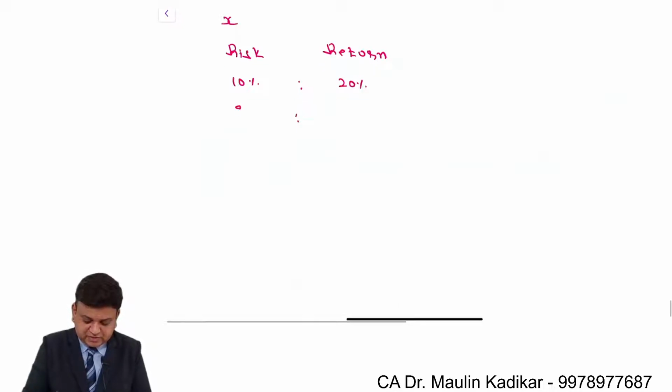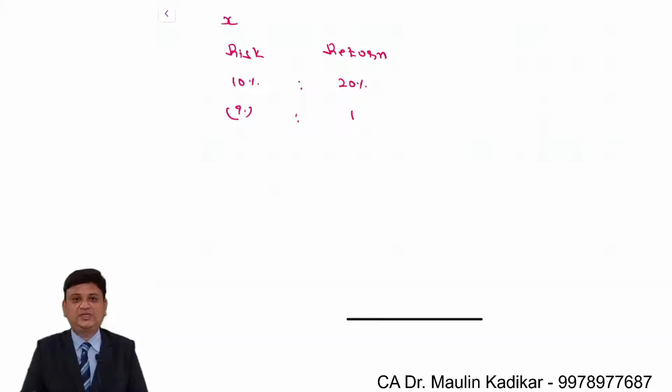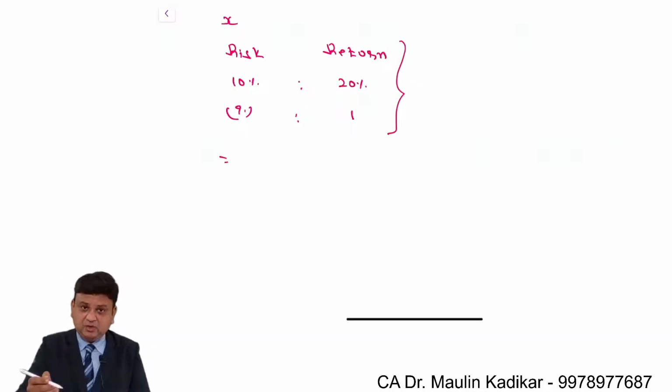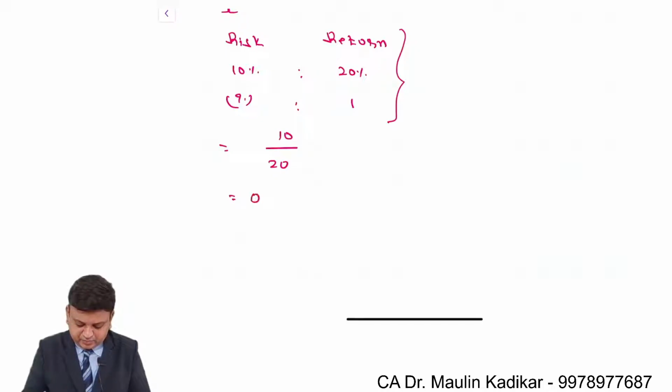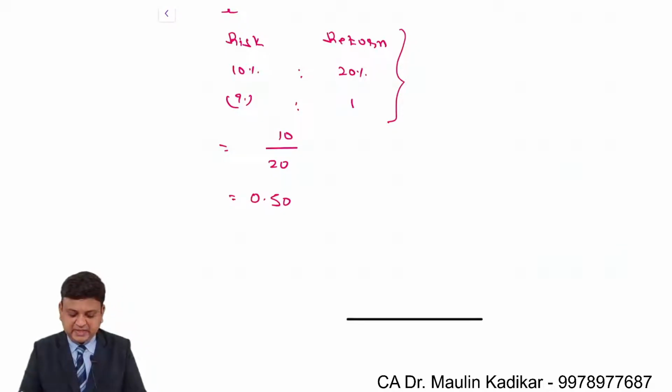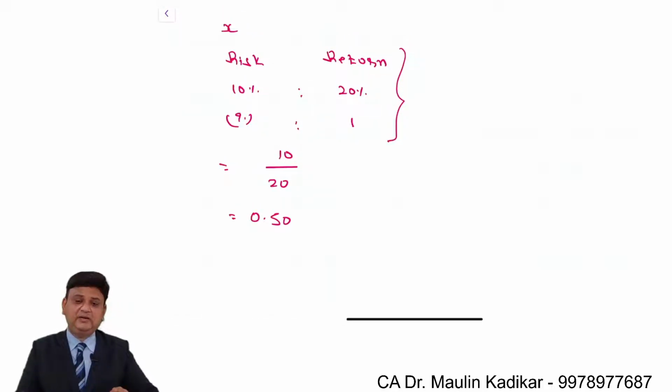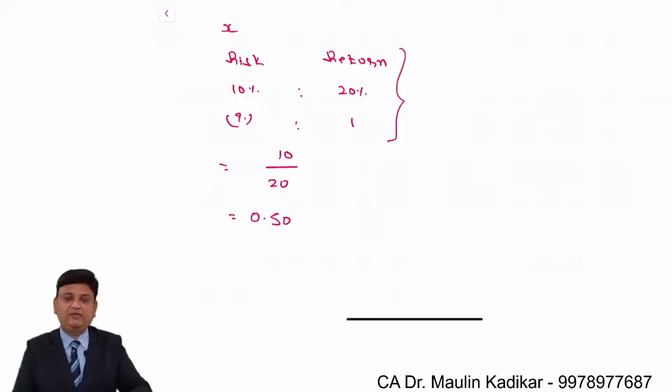So what is the risk of security X for a return of 1% is called CV, and it will be calculated like this: 10 into 1 is 10 divided by 20. So 10 upon 20 comes to 0.50. That is the way risk taken per unit of return can be calculated for X, and similarly we will do it for Y.